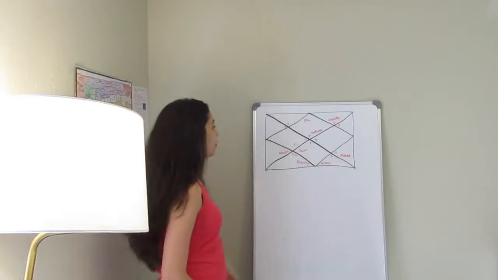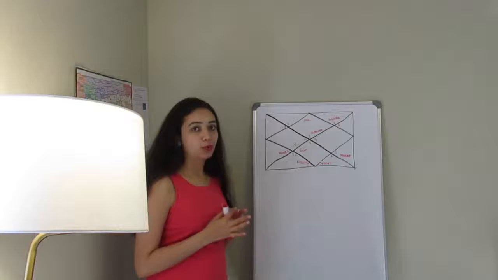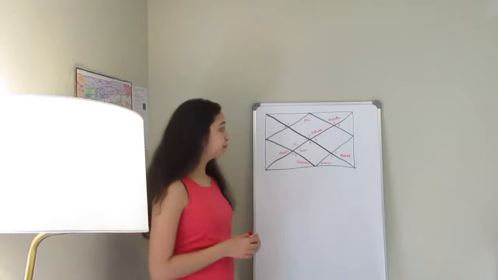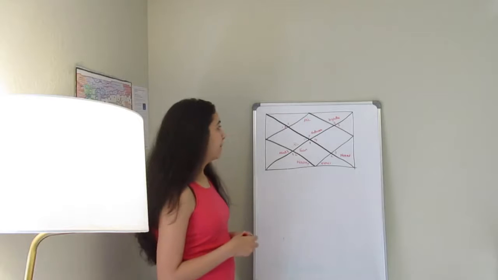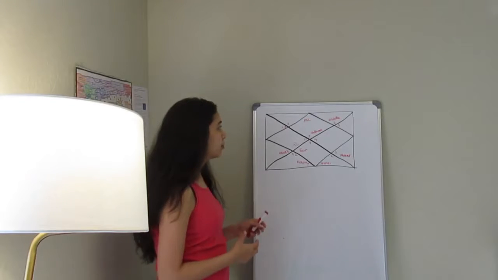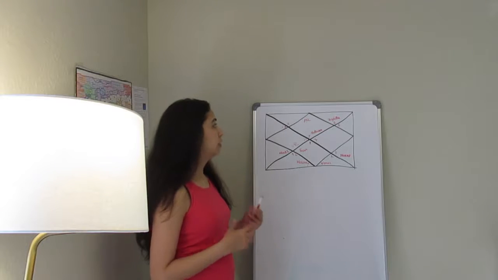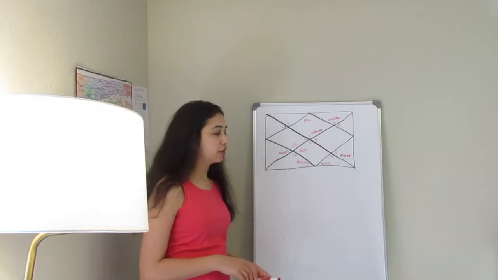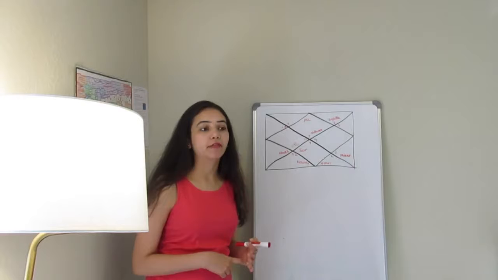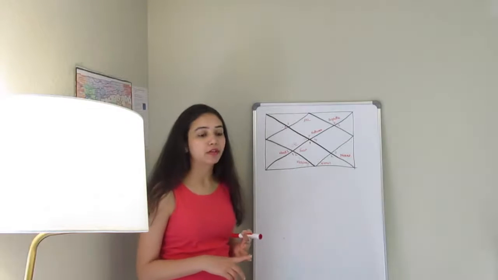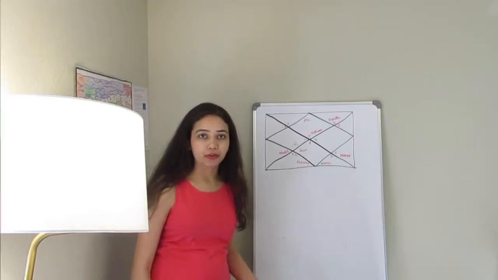Okay, so I hope you will understand how to read the birth charts first for Vedic and for Western. And then when it comes to the detail of Vedic astrological charts, we have Kendra, we have Trikona, we have Upachaya houses, and we have Moksha houses.